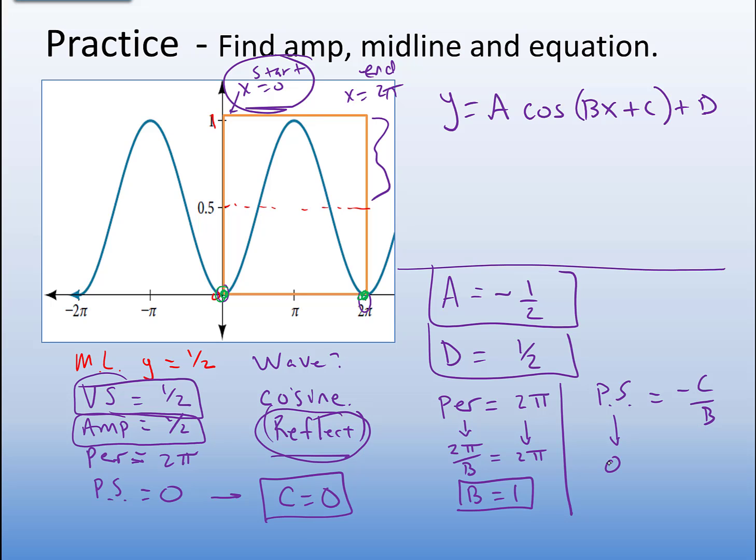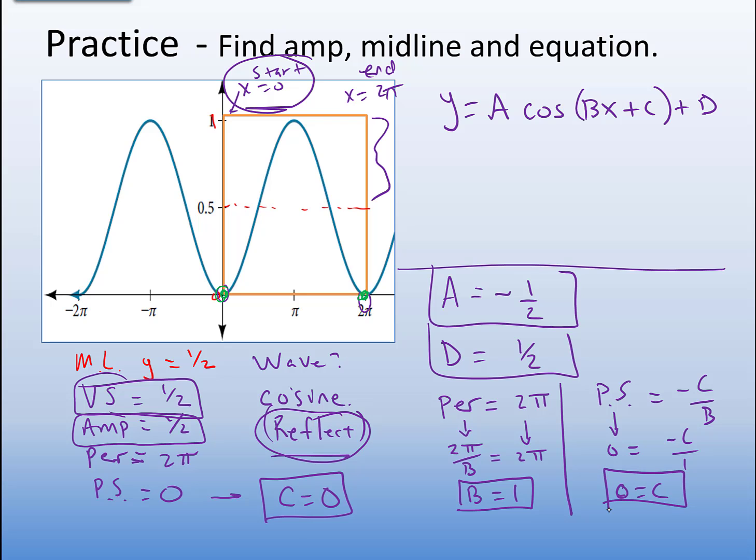And the picture tells us phase shift equals 0. And when we plug in b, b is 1, negative c over 1, then we get c by itself. Well, if you multiply by negative 1, it's all going to cancel, and we get 0 equals c. And now we've got all 4 parameters.